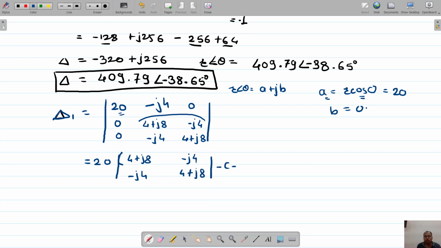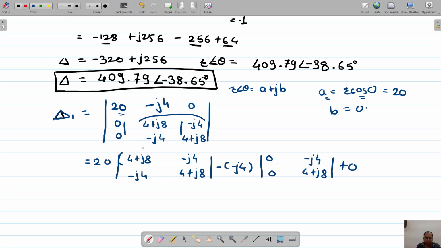Minus of minus is going to become plus, so I am going to write it as it is. As these two terms are 0 and 0, the resultant answer is going to become 0, but still I am going to write it. The last term is itself a 0, so anything multiplied with 0 is going to result in 0. Now concentrate on this one.